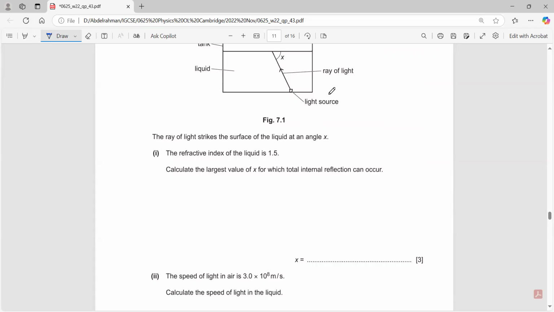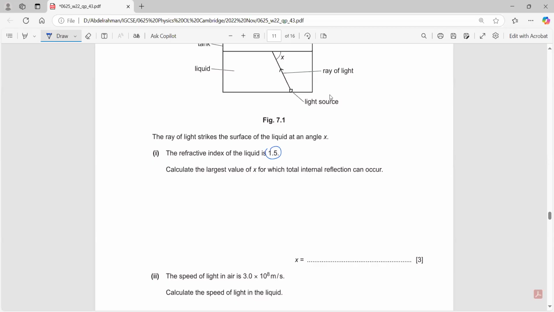If I have the refractive index, what can I find using the refractive index? The only thing that I can find using the refractive index alone is the critical angle. So can I find the critical angle?